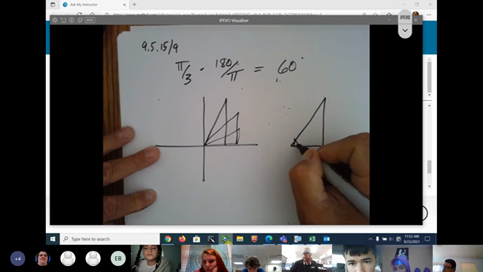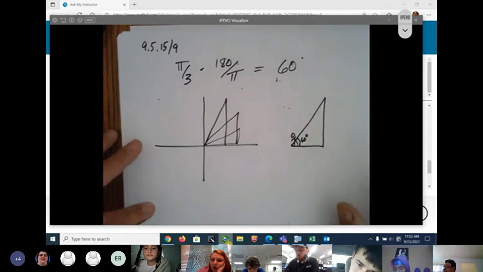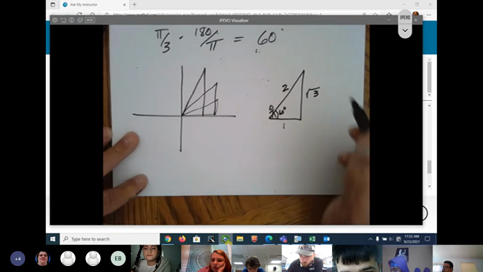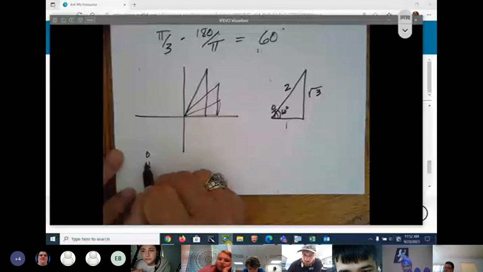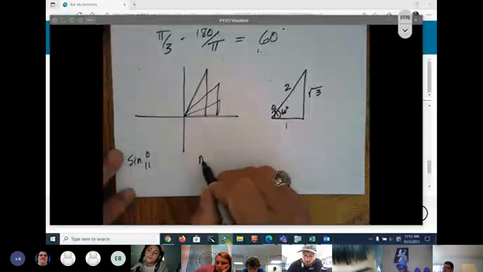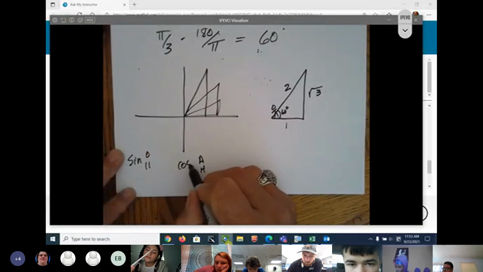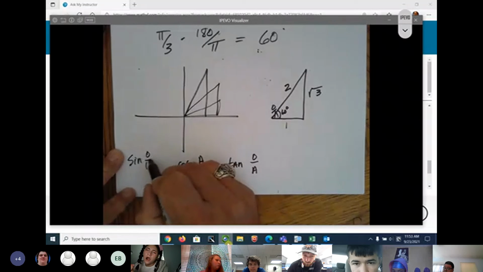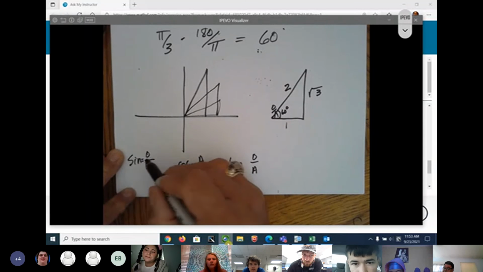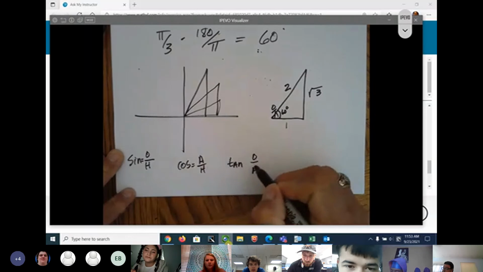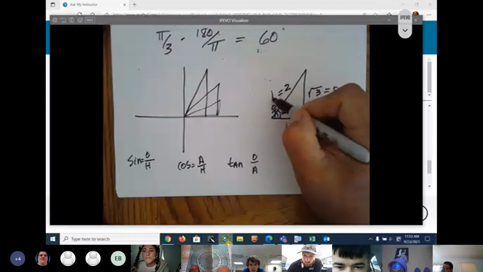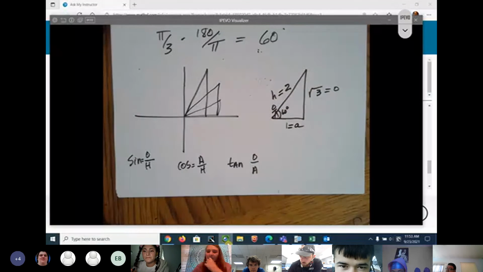What is it? 1, square root of 3, 2. Oscar had a hunk of apple. There you go.